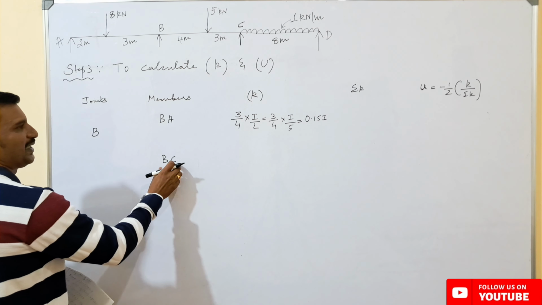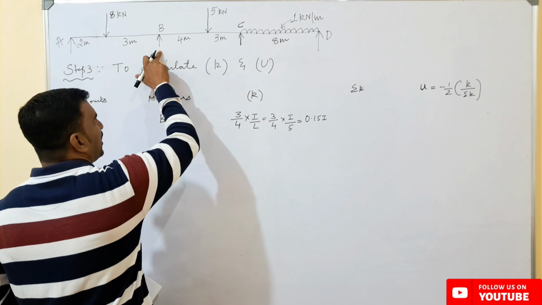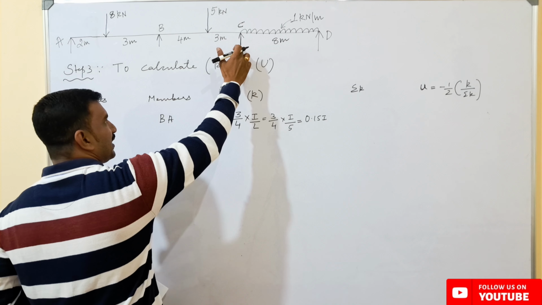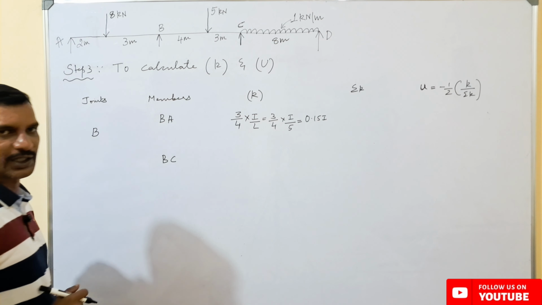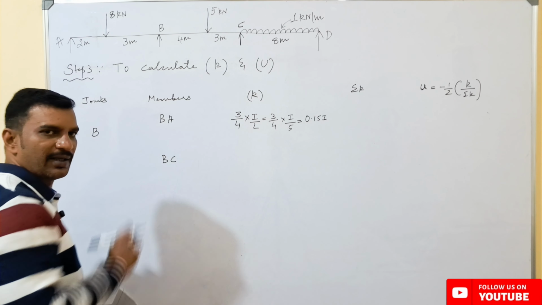So for member BC, if I consider B as the near end and C as the far end, since C is an intermediate support, and in structural analysis even the intermediate support we consider as a fixed support.